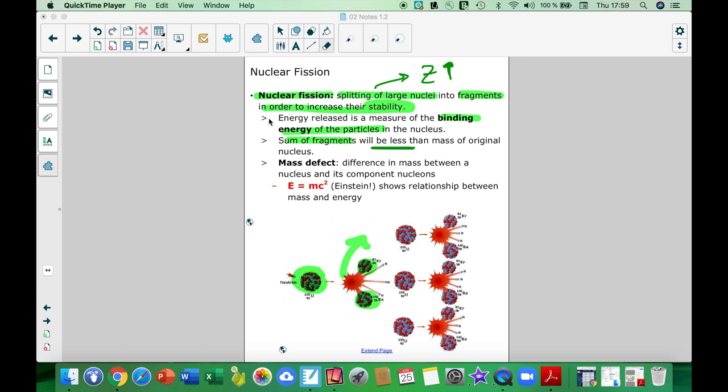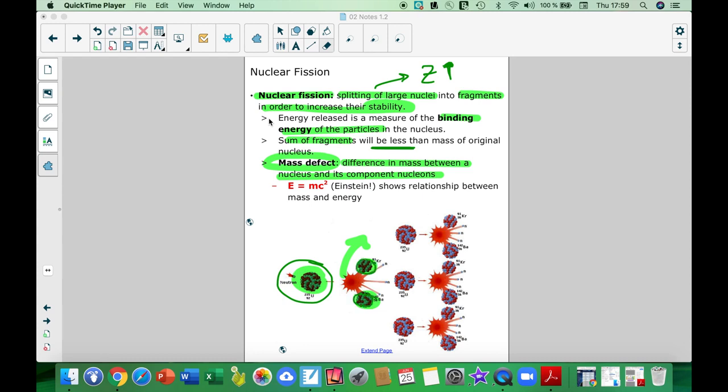isotope that was radioactive. That difference in mass is called a mass defect. It's the difference in mass between the nucleus and its component nucleons. So again, when a radioactive isotope undergoes nuclear fission, it breaks into smaller nuclei.